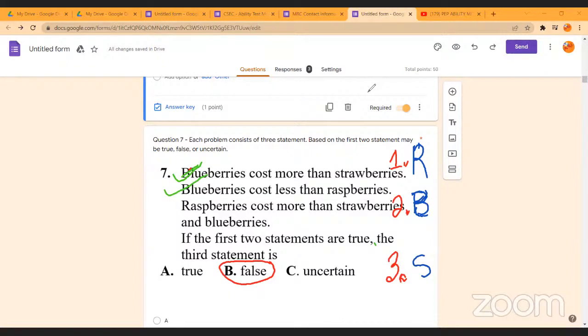Raspberries cost more than strawberries and blueberries. Is that true? Yes. How is it you know that it's true?